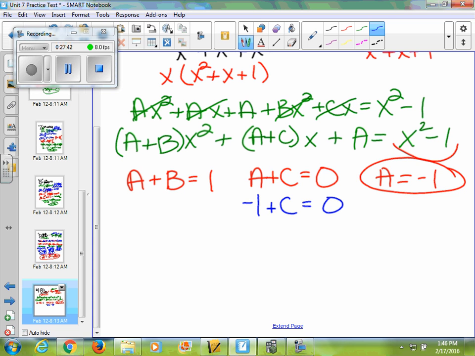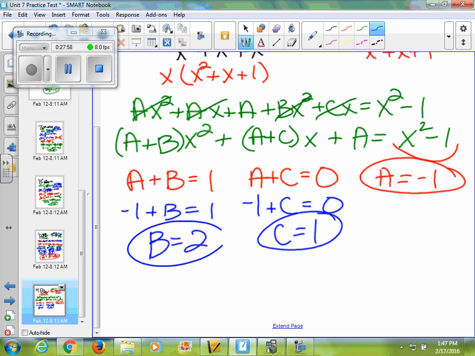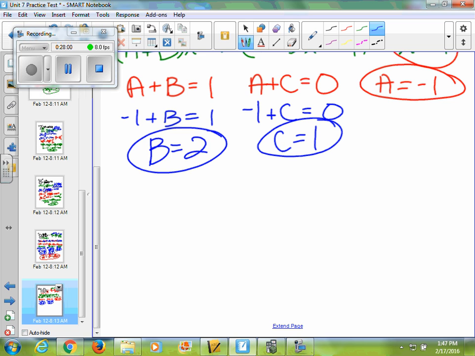I get -1 plus c equals 0. So what does c equal? 1. If I plug -1 plus b equals 1 in, then I get b equals 2. So in my equation, a over x, I get -1 over x plus bx, so 2x plus c, so plus 1 over x squared plus x plus 1.